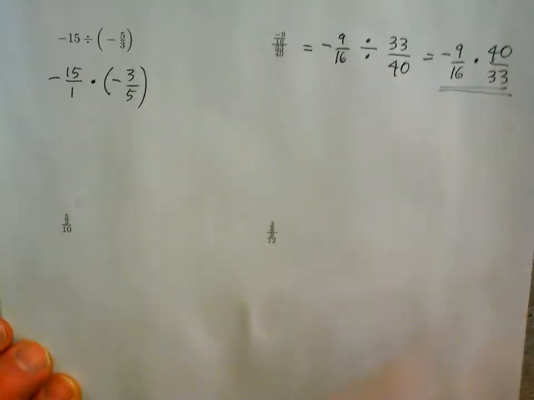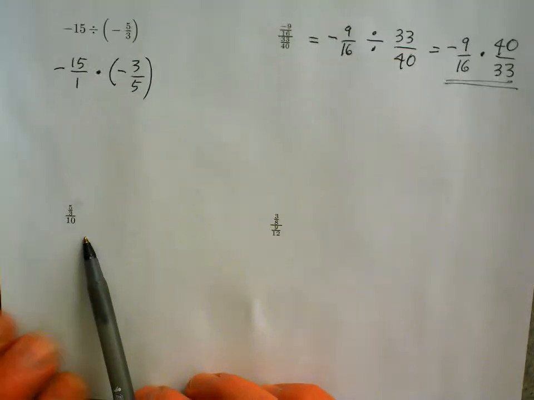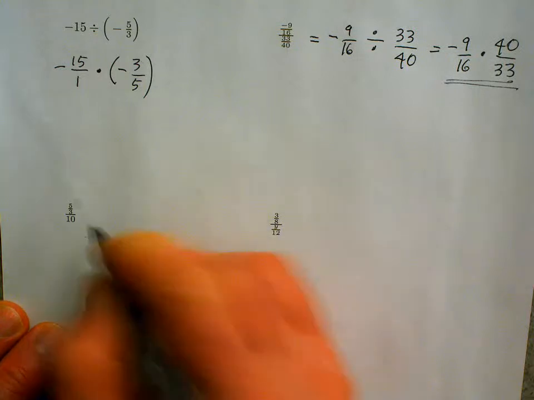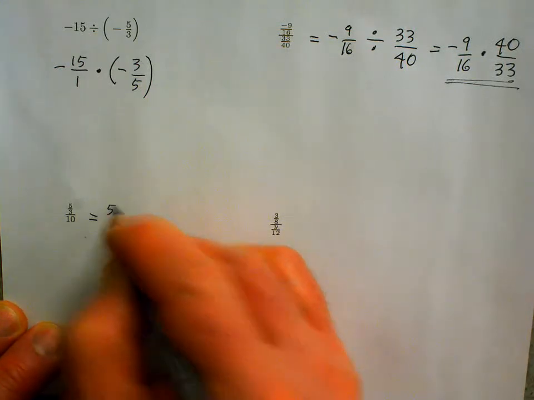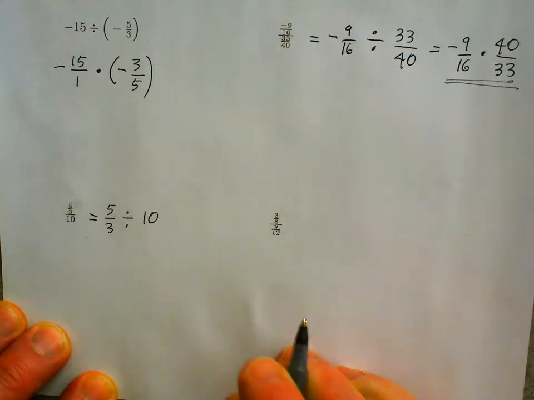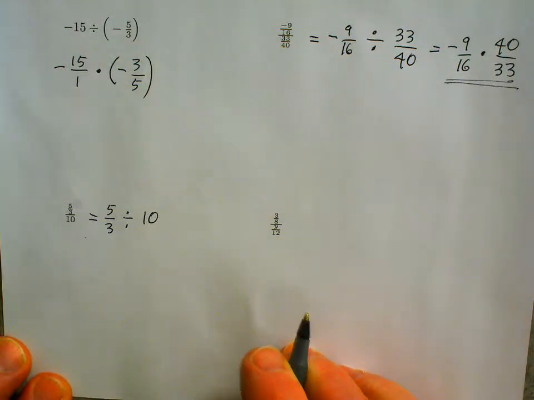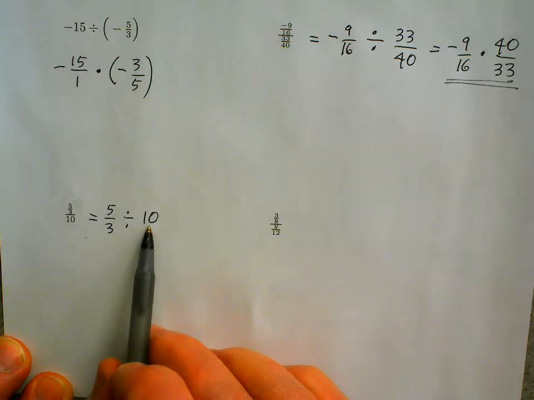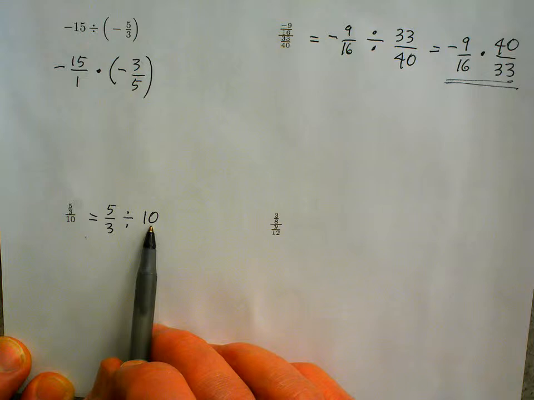The next one, 5/3 divided by 10. So we can rewrite this as 5/3 divided by 10. And if it helps, you can replace 10 with 10/1.